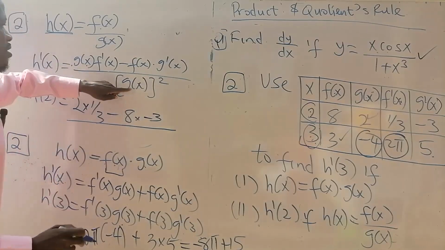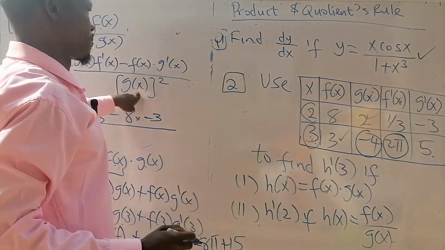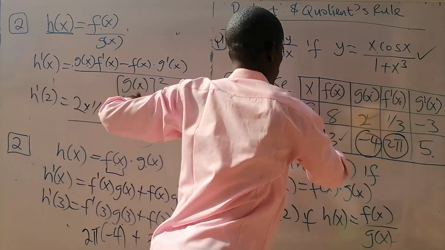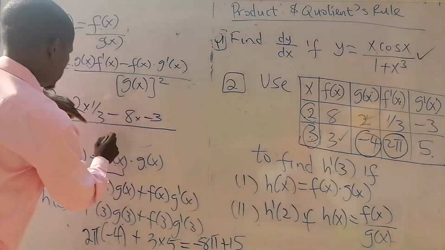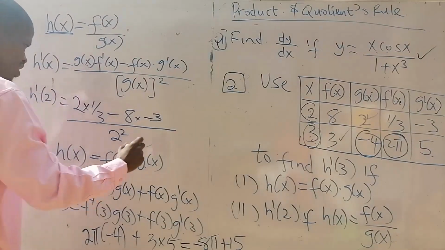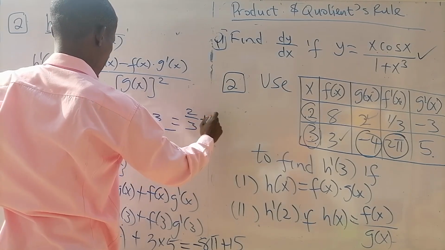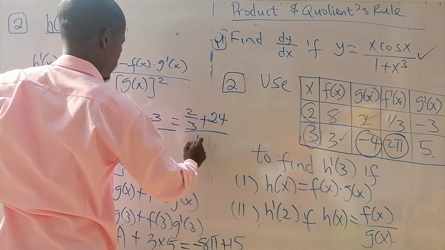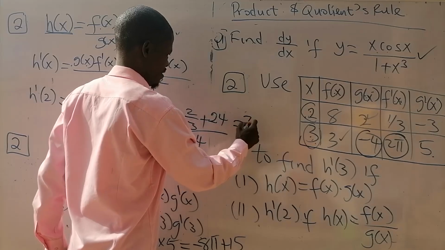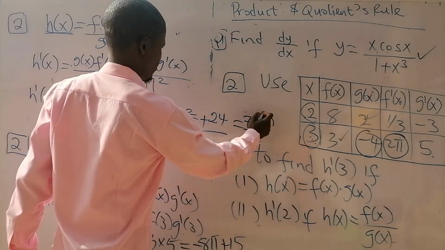All over g of x at 2, that's 2 also. So you square that. So this will give us 2 over 3 plus 24 over 4. If you solve this, that will be 74 over 12.